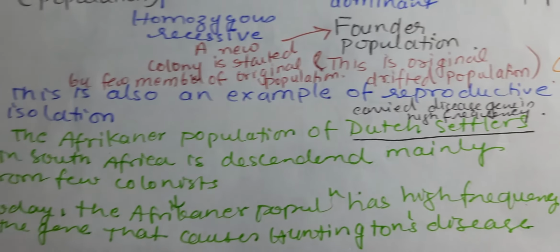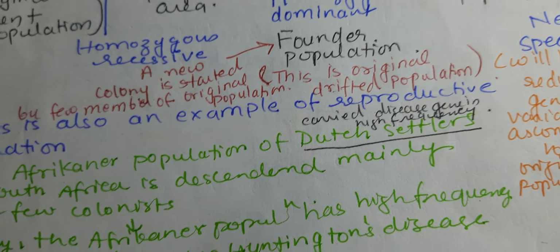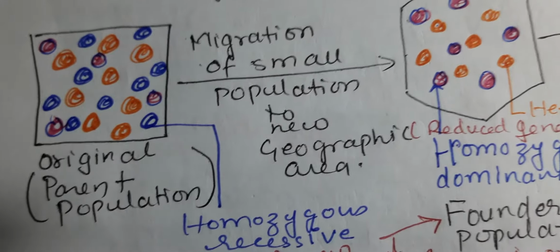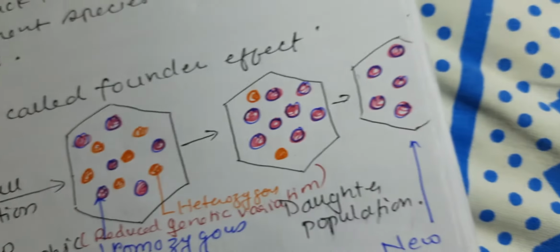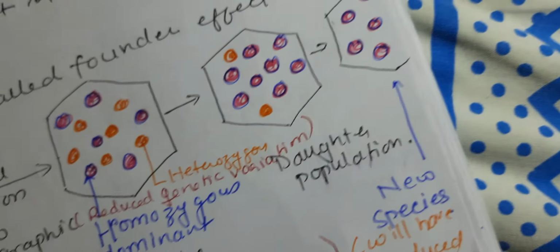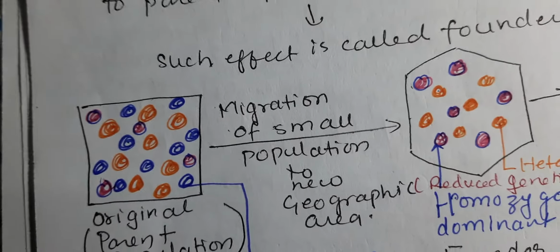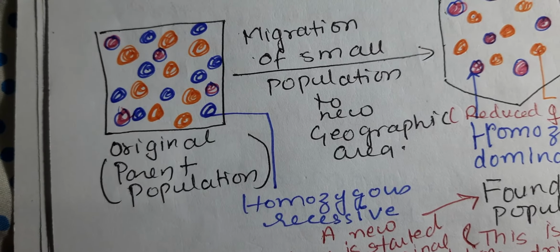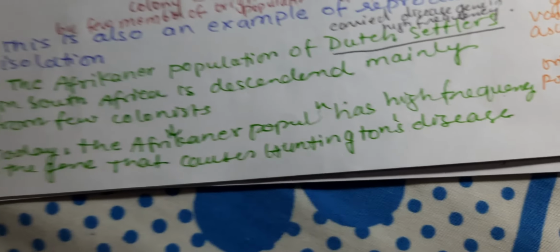You can say this is also an example of reproductive isolation, that few members migrated from here, so they are reproductively isolated after some time. So after subsequent generations, these new species will not go back here and interbreed with them. So this is also reproductive isolation.